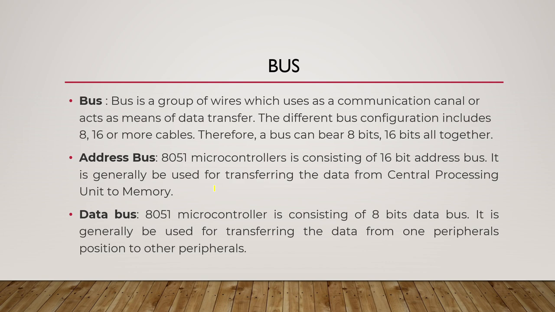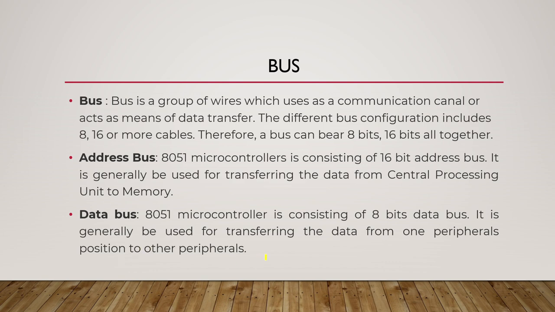Okay, next one is the data bus. What is the use of the data bus? The 8051 microcontroller consists of an 8-bit data bus. It is generally used for transferring data from one peripheral to another peripheral.